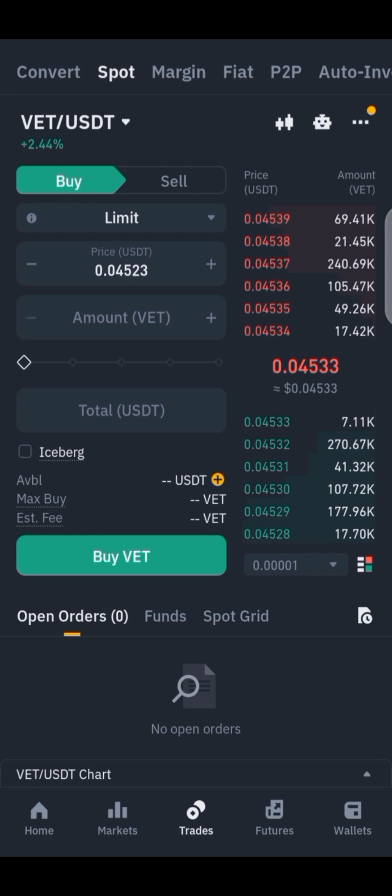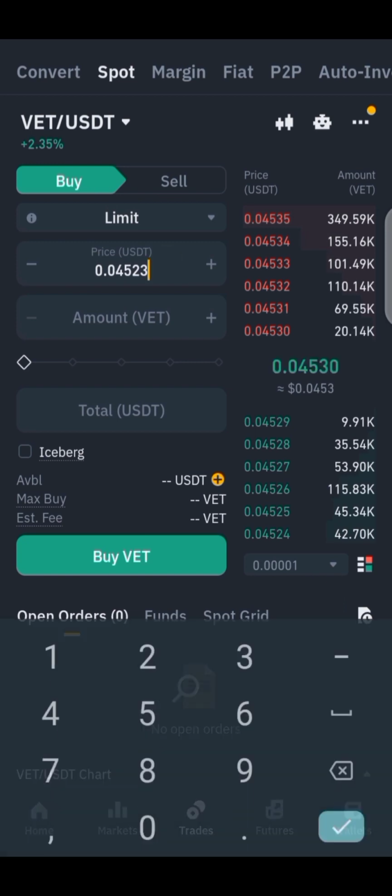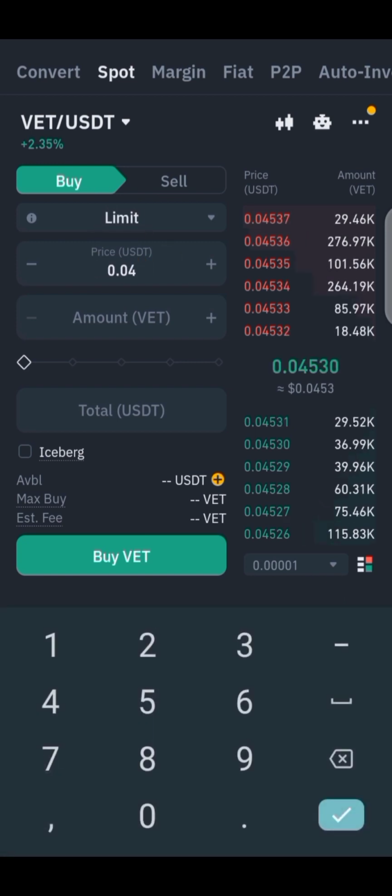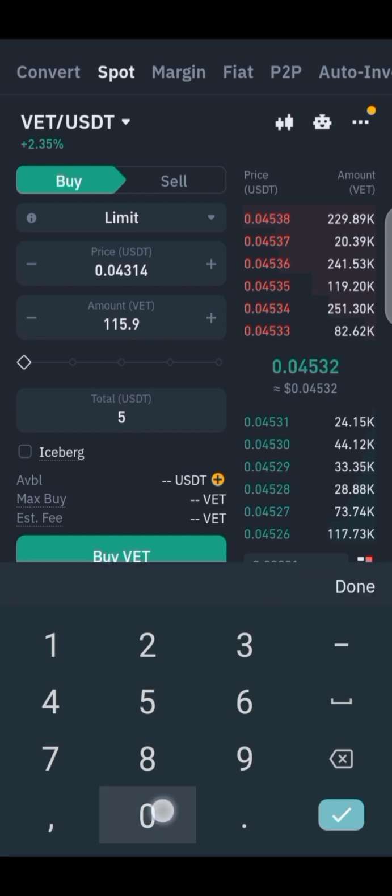Assuming we enter the market at 0.04314, and we use $50, that is 50 USDT, to carry out this trade. 50 USDT will give you 1159 VET.